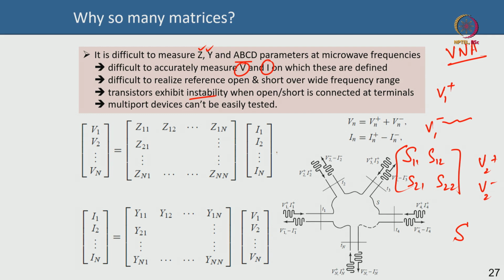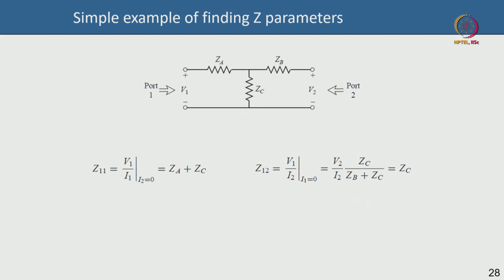So, the VNA does precisely that, it matches the output port or the port of interest so that there is no reflection, and that is enough. That is enough for you to measure S11, for instance, or any of the S parameters. So, it is more pragmatic, you bypass these problems of Z and Y parameters and ABCD parameters, for instance, okay.